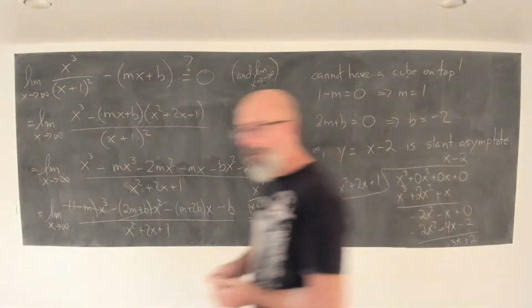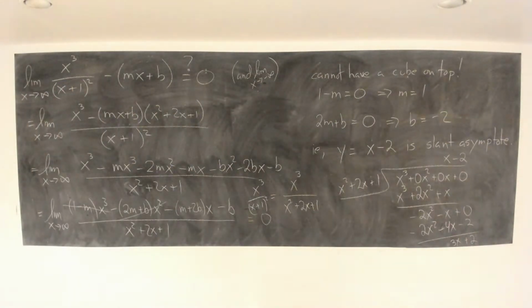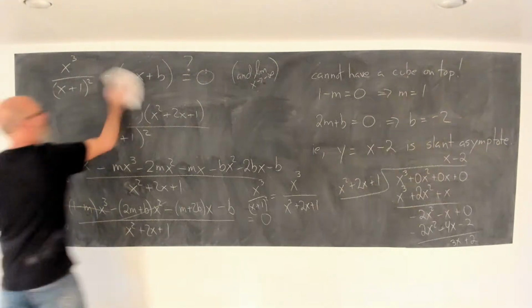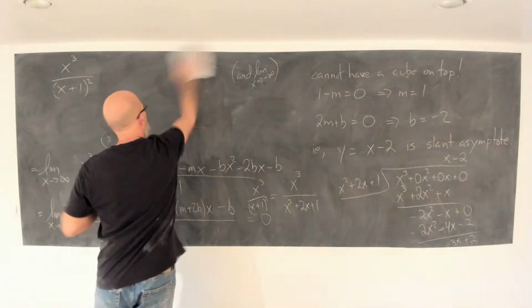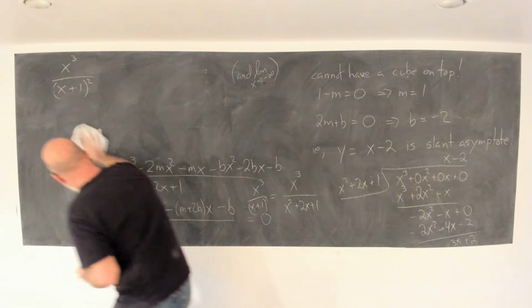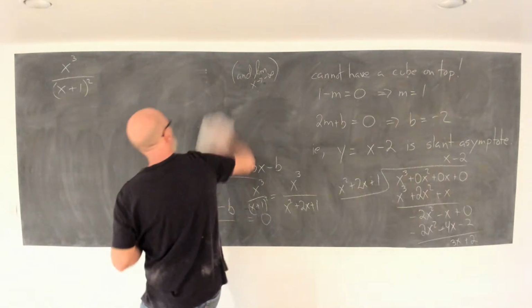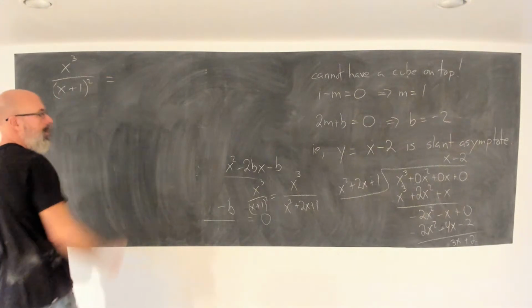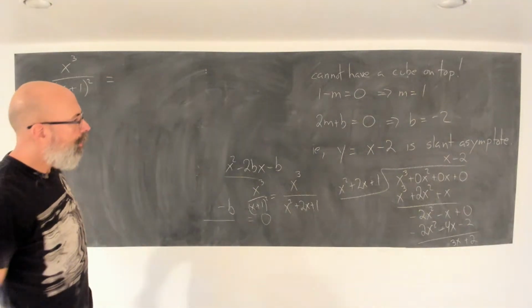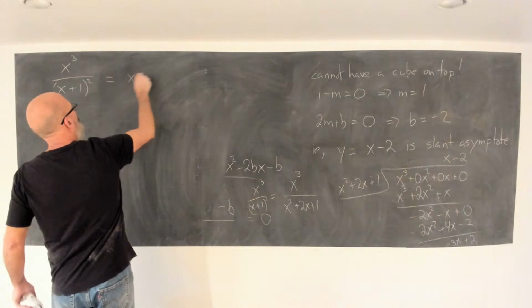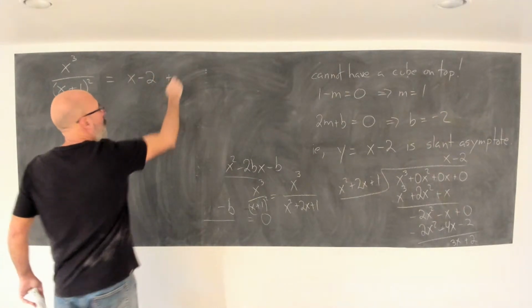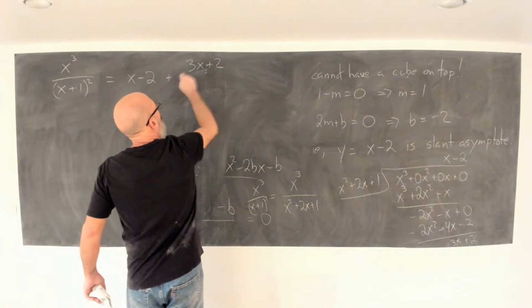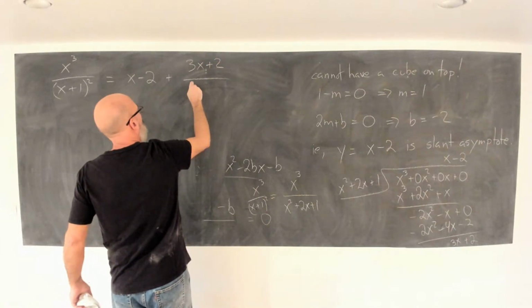What are we saying? We are saying that this business is actually x minus 2 plus the remainder over the divisor.